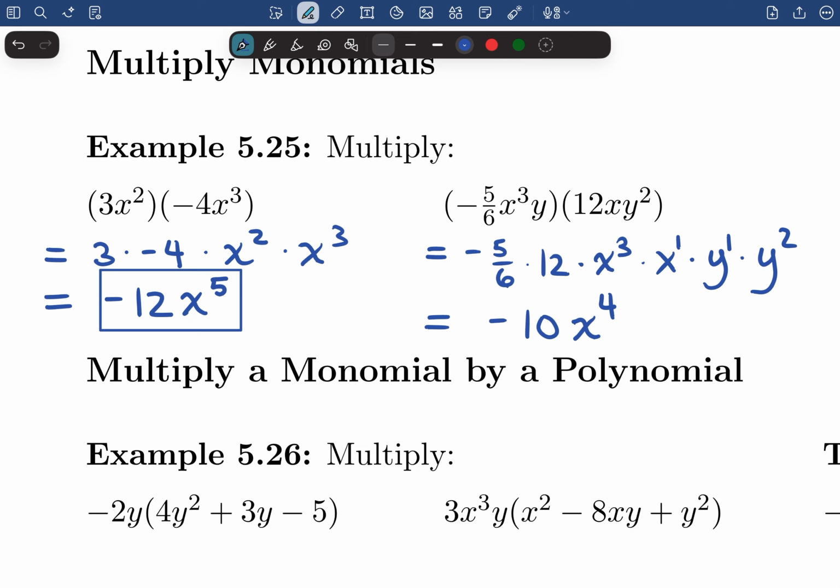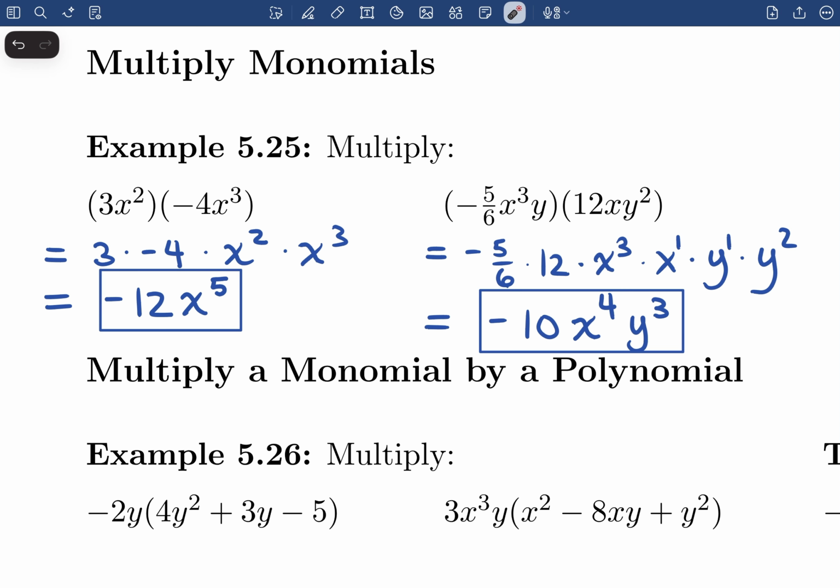And then I can take y to the first times y squared and turn that into y to the 1 plus 2, which is y cubed. 1 plus 2 is 3. Now I have multiplied these two monomials together into one single monomial. Great. So we just practiced multiplying a monomial by a monomial.